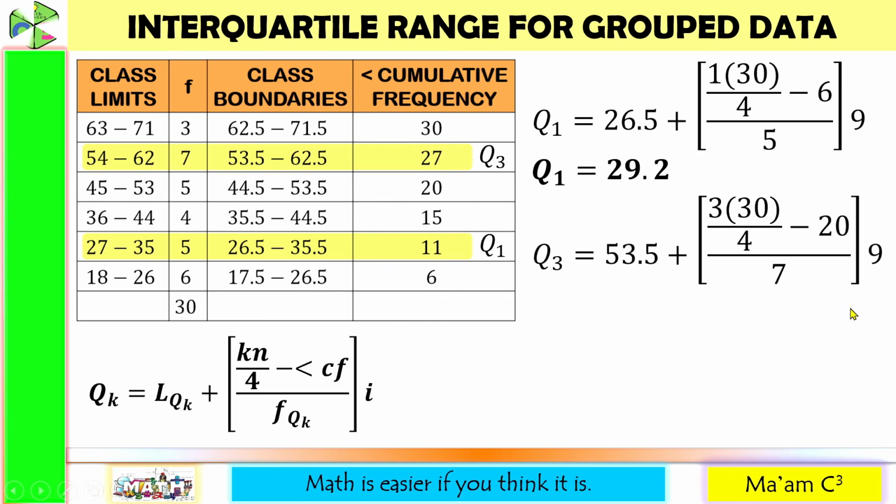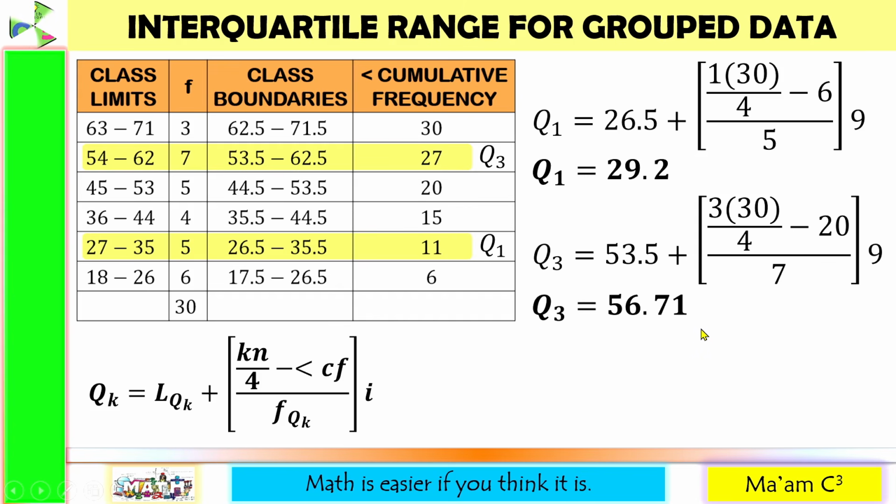So when you compute this, start at the innermost. Multiply 3 times 30, and then divide by 4. Subtract 20, and then divide by 7. Then multiply by 9, and then add 53.5. This should give you an answer of 56.71.